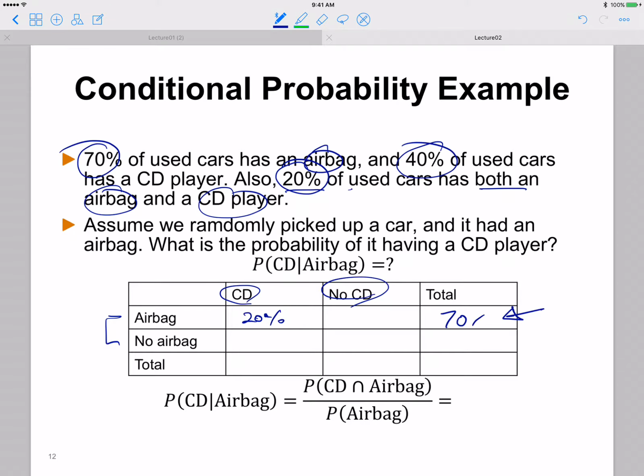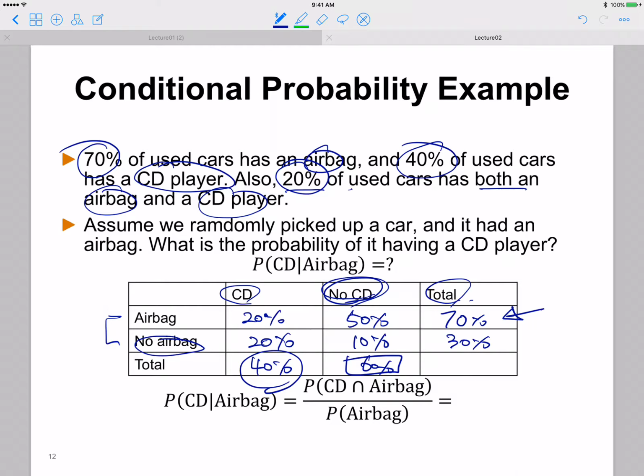This should be 50%, and no airbag means 30%. Here we have 20%, and the CD player total is 40, so no CD player should be 60, and it should be 10% here. Quite easy. And the total is 30%, of course.